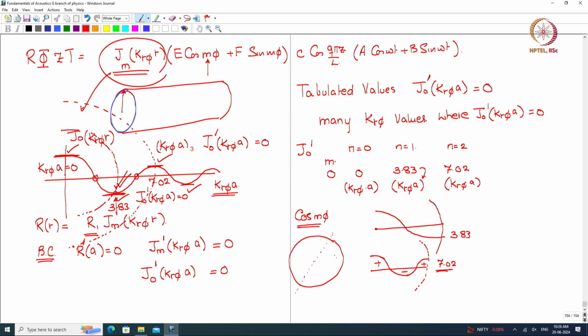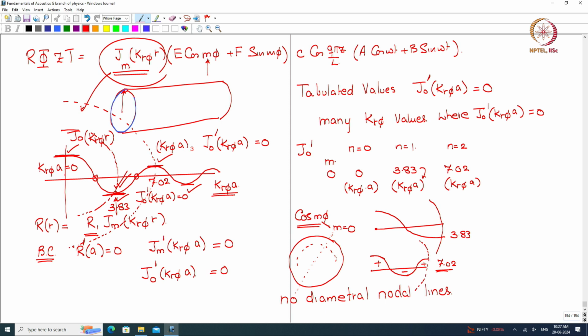This is axisymmetric, that is what it means. For m equal to 0, this is axisymmetric. So no variations along phi. Okay, that means no diametral nodal lines. So no diametral nodal lines for m equal to 0.